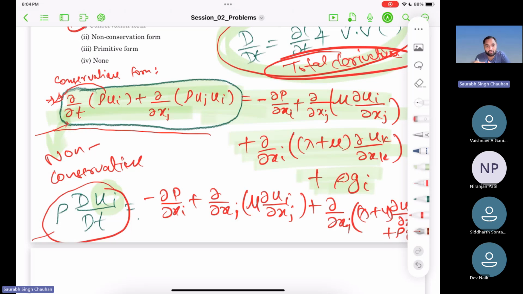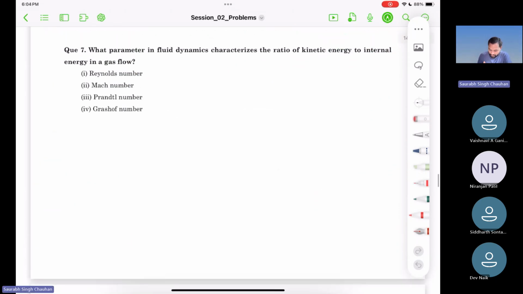For example, if you non-dimensionalize this Navier-Stokes equation, you will get 1 by Re in the non-dimensional form. That same Re, the same Reynolds number. So you will get some non-dimensional numbers when you non-dimensionalize your governing equations.